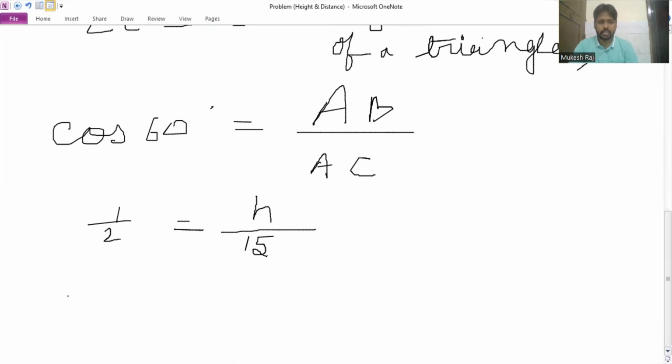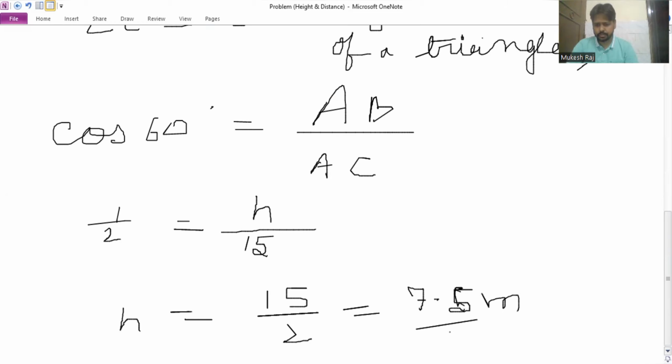Now we just cross multiply and see what we get. So I can write H is equal to 15 upon 2, that is equal to 7.5 meters.